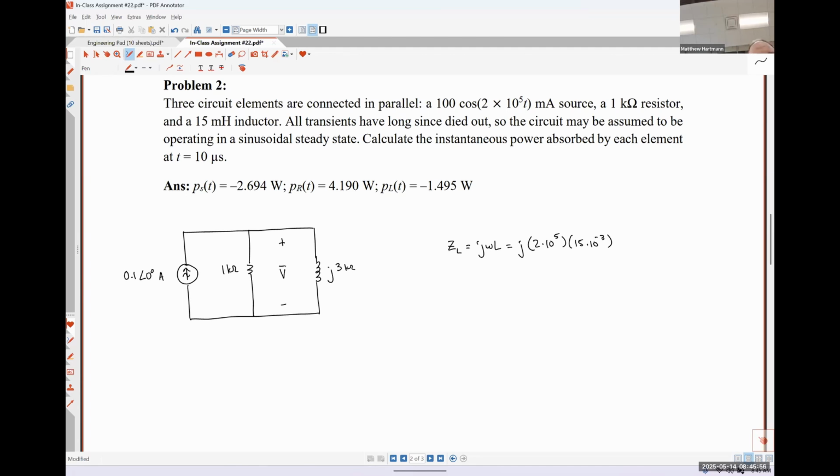Now I'll ask you what I hope is a simple question. How might I find that voltage V for this particular circuit? Carter: Take all of your impedances and then multiply it by current.